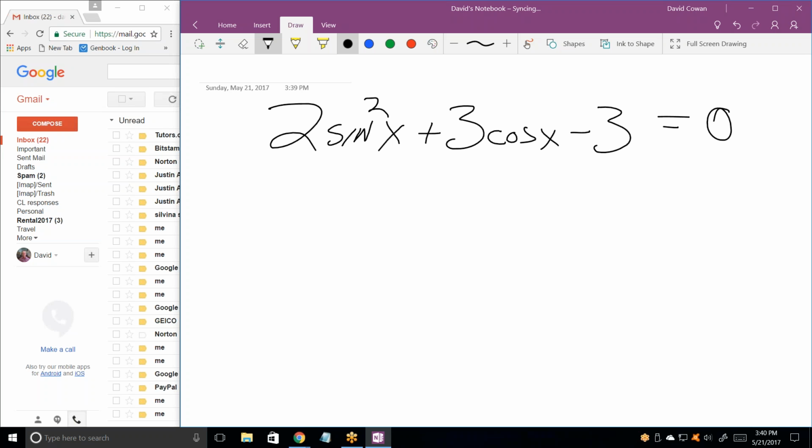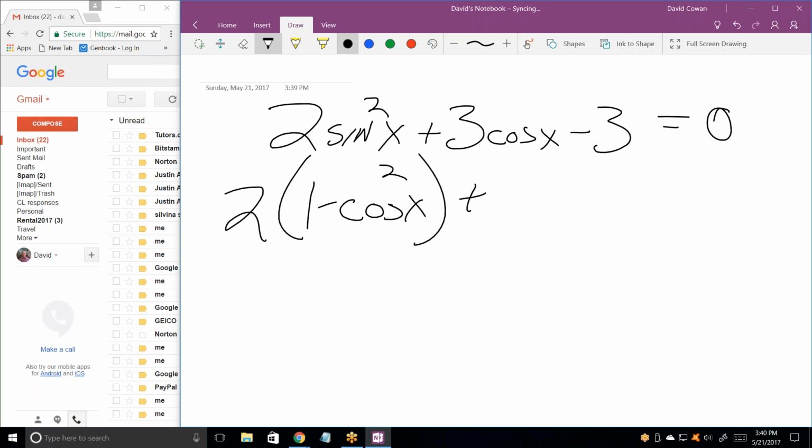So, your first thought should be, can I turn everything into either sine or cosine? You could convert sine squared to 1 minus cosine squared. Let's do it. Now we have a quadratic in cosine x.